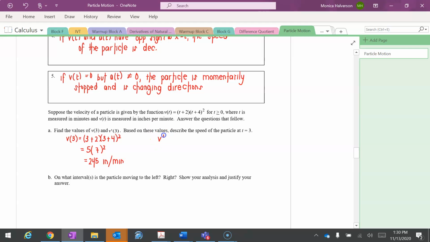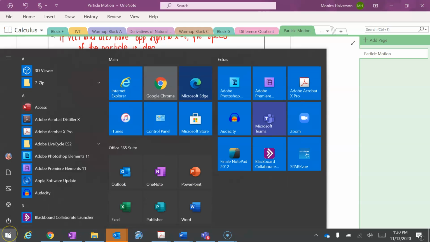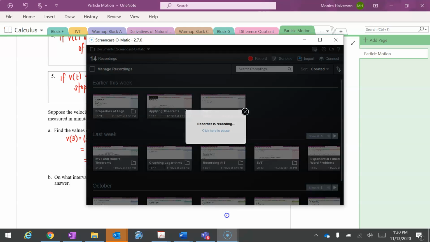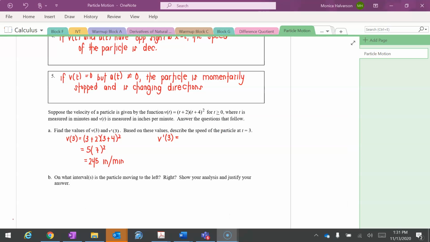Now it's your turn to find v prime 3. So go ahead and find the first derivative and plug in 3. So hopefully you found v prime 3 to be 119 inches per minute squared.